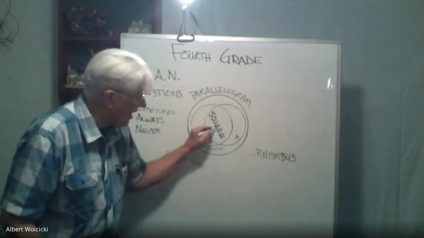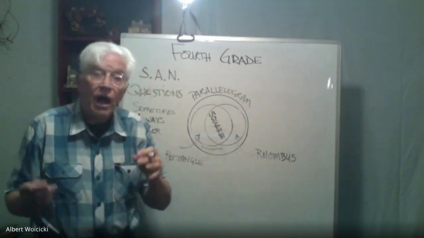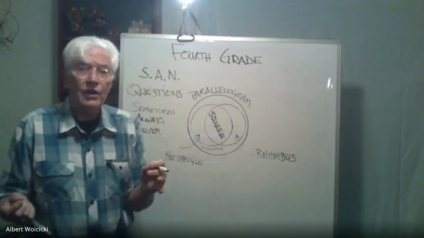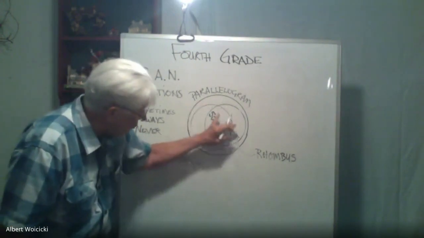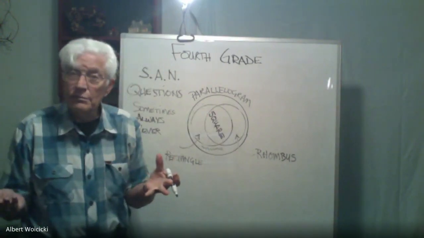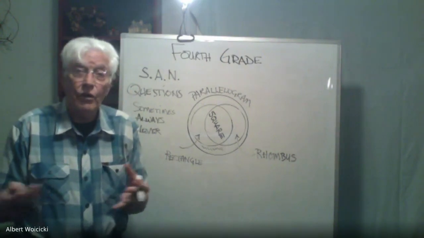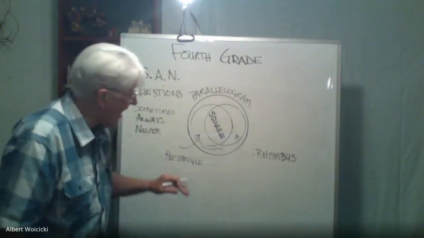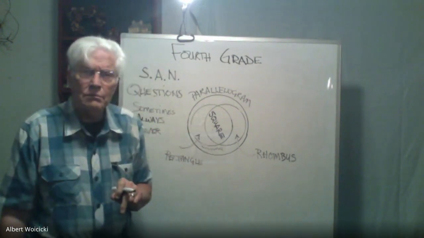Now, is a square a rhombus or a rectangle? Of course it is, always, because a square is totally enclosed in those circles. So it's always those. But if I ask, is a rectangle a square?